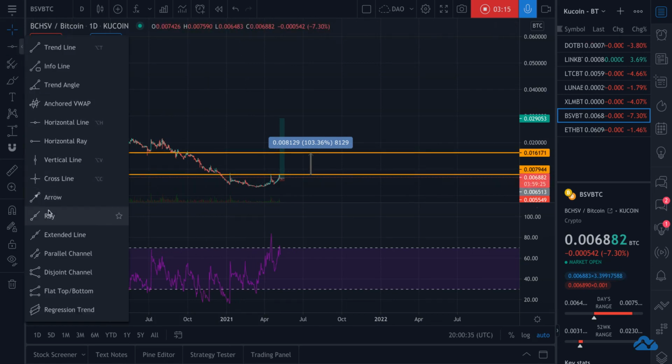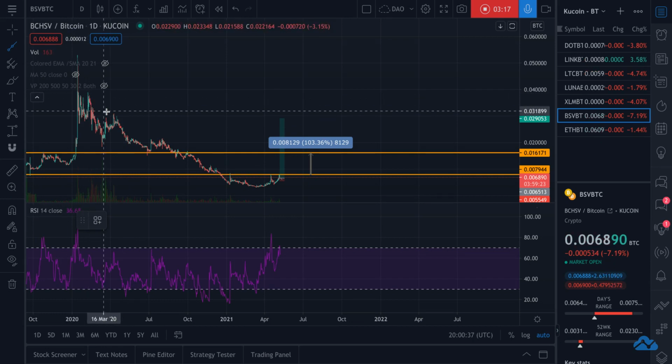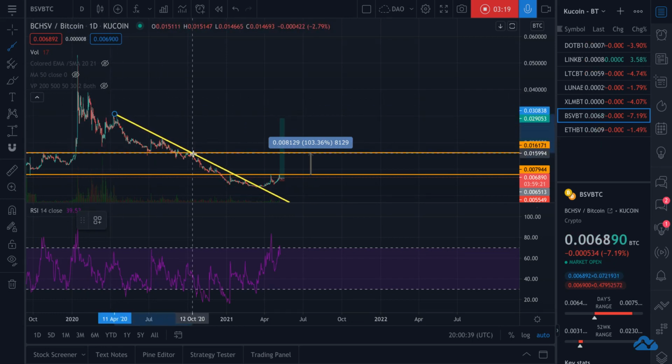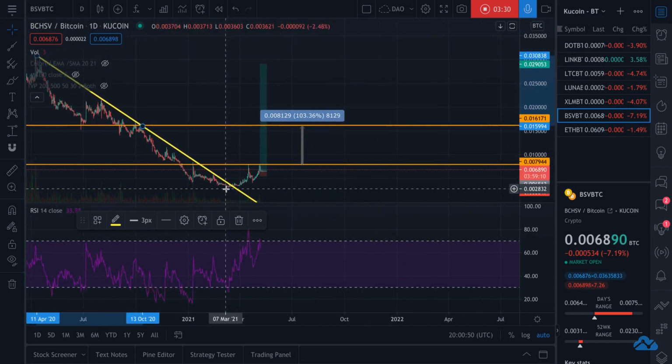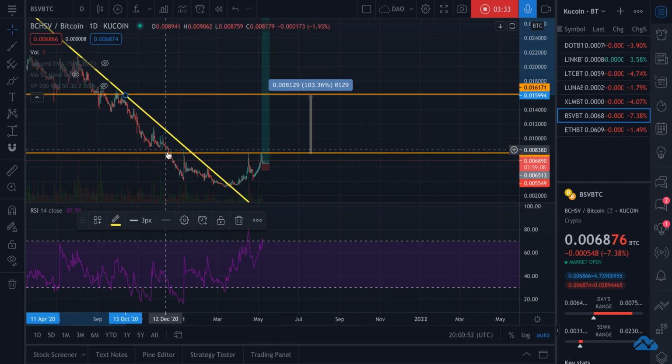And let's just take a look at this real quick. So I'm noticing this right here. As you can see, it kind of broke through this downward trend line and is starting to try to break back up. And what else I notice here is that we have a little bit of a cup here.